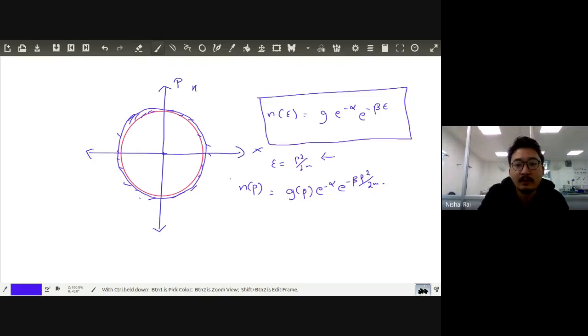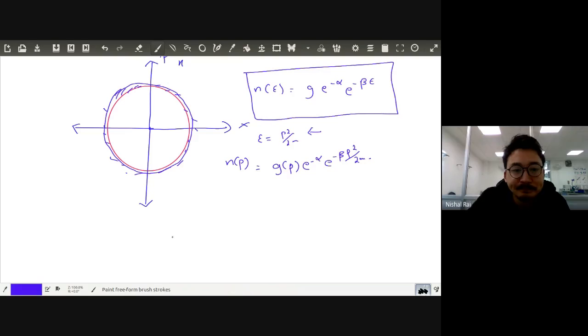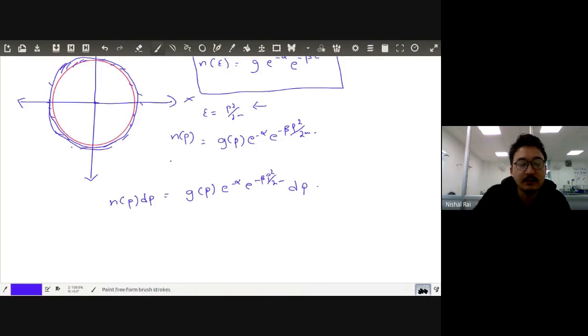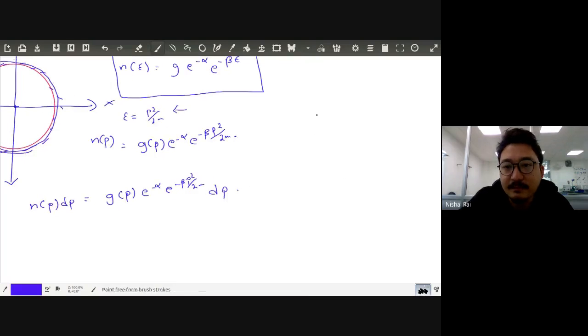Clear? Now for the small region between dp, we can write this in this form, beta p squared divided by 2m dp, for the small region sitting outside this small circular cell. But in three dimensions, it will be a sphere.